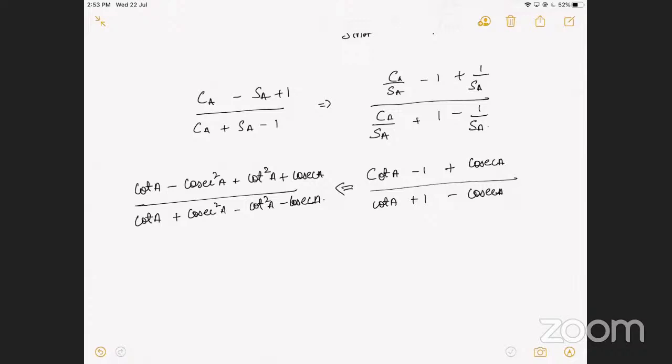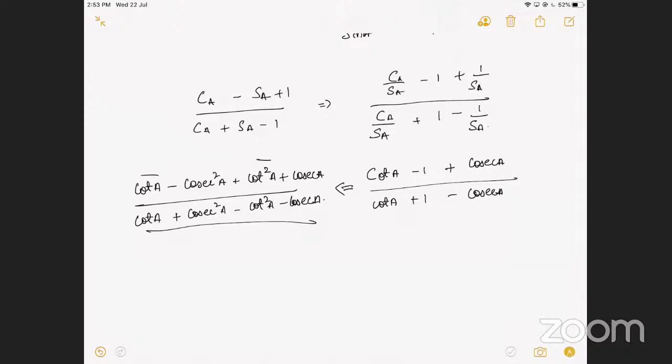Just a second, sir, I'm reading. Sir, which step have you written? This one. Sir, then I took cot A common from the numerator.